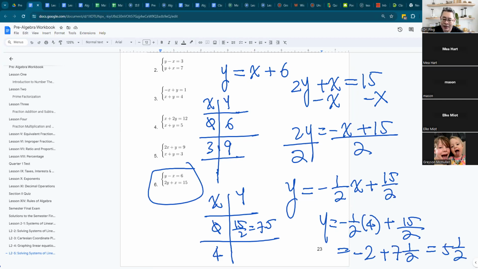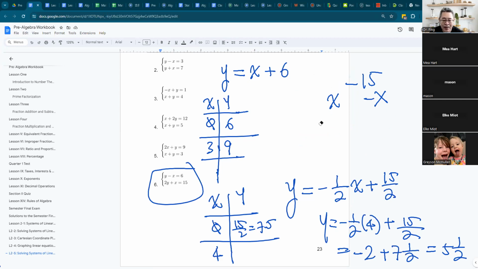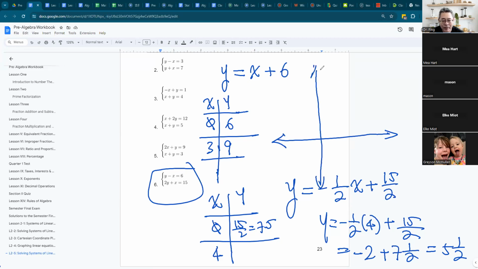So now we can just graph it. We got 2 points now. When you have graphing paper, actually it's pretty simple. And if you're just doing 0.5, that's actually pretty easy. So 1, 2, 3, 4, 5, 6, 7, 8, 9, 10. So 1, 2, 3, 4, 5, 6. That's our y-intercept.